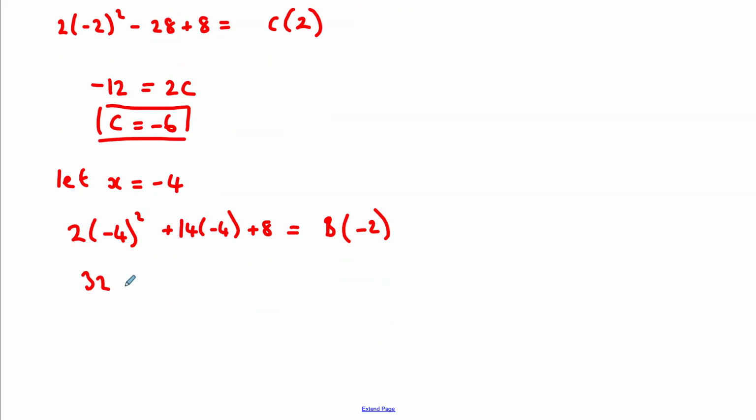That's 32 minus 56 plus 8. That's 40 minus 56 is -16 equals -2b. So b is 8. And now we're in a little bit of a pickle. We don't have another number to choose for x, but we still need to find out a.